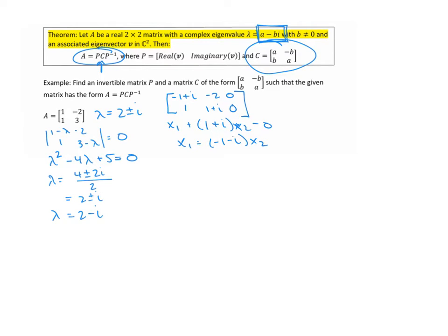If I let x2 be free, I'm going to have a vector, negative 1 minus i, 1. And I'm going to write this in kind of a funny way, which will maybe make sense in a minute.